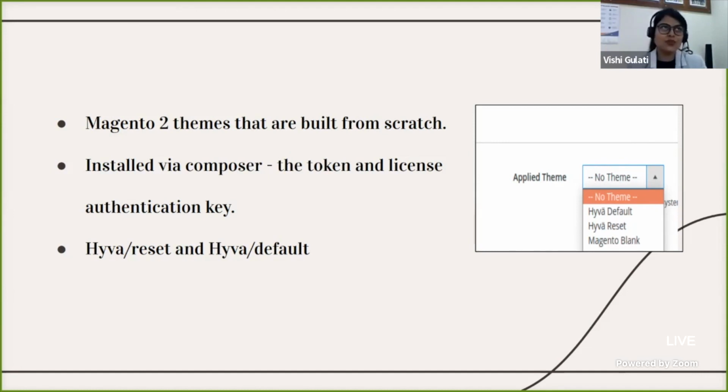Hyvä Reset just removes everything until it gets a blank page, and it uses overriding of templates to get this job done. When it removes everything, the Hyvä defaults come into play and paint that blank canvas again to provide us a beautiful working e-commerce website. So this is all about Hyvä.